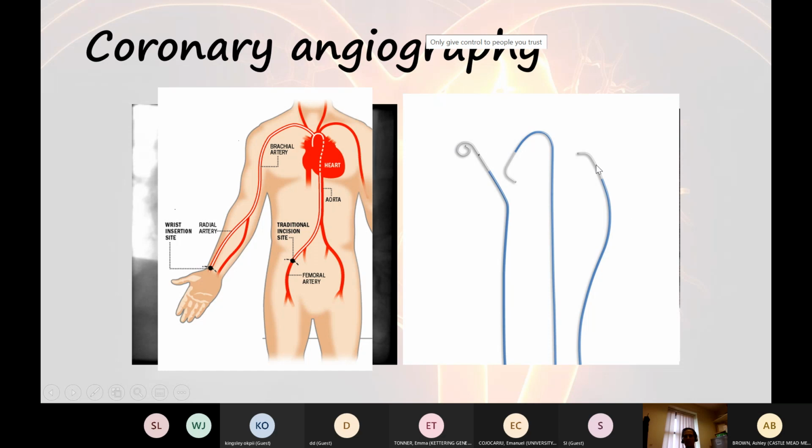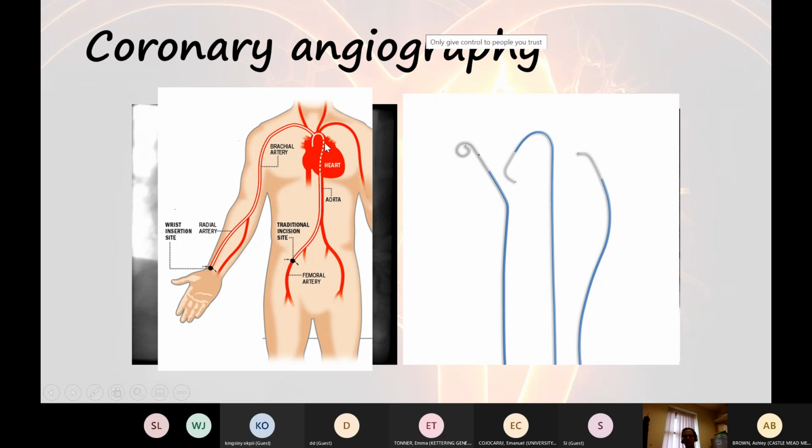And we use different shapes of catheter in order to get our tube that we start here by twisting and turning and advancing and retracting. These secondary and tertiary and primary bends allow us to twist around in the root of the aorta and push the tip towards the coronary ostia.